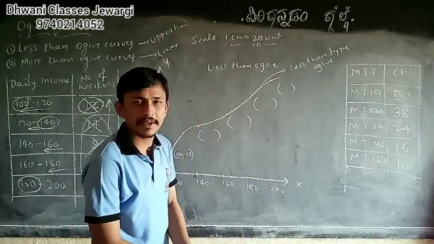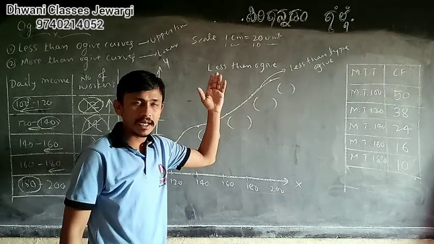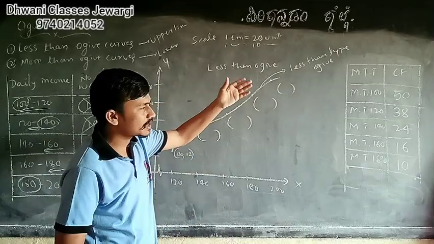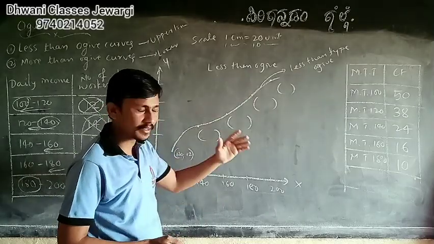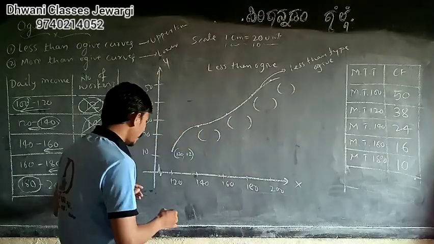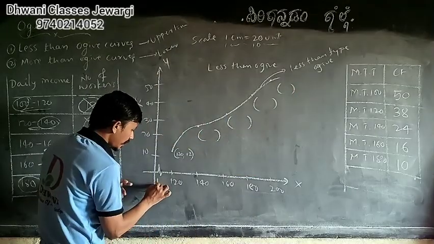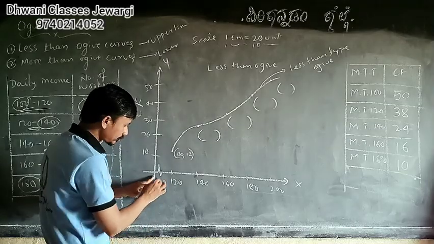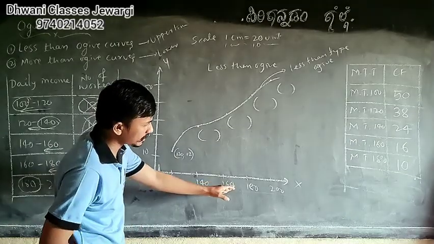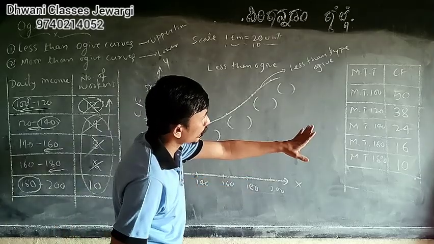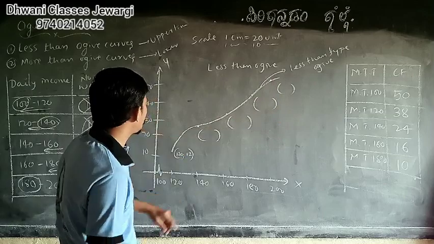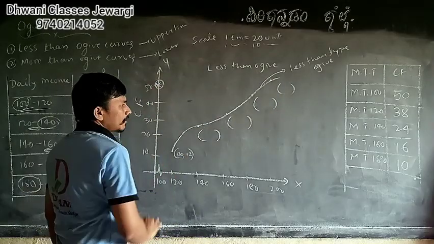Therefore, this is the required cumulative frequency table. With the help of this table, we will be drawing the more than type. For that, first of all, we need to take 100, 120, 140, 160, 180 along the x-axis. For 100, the CF is 50.